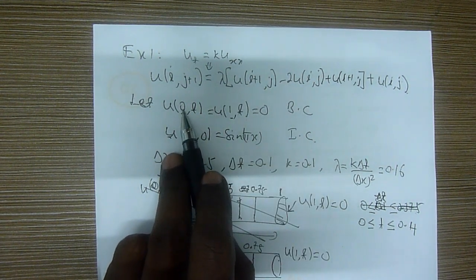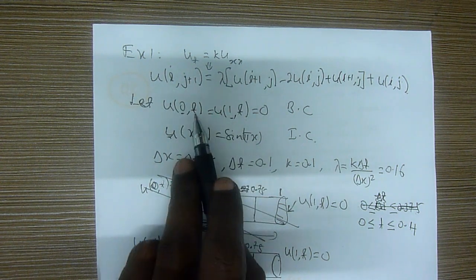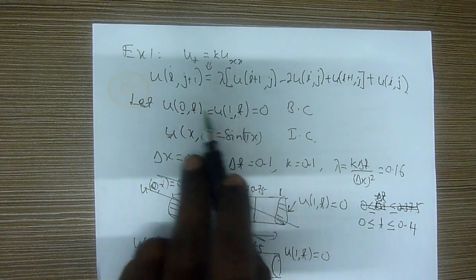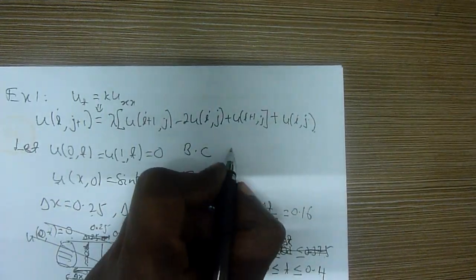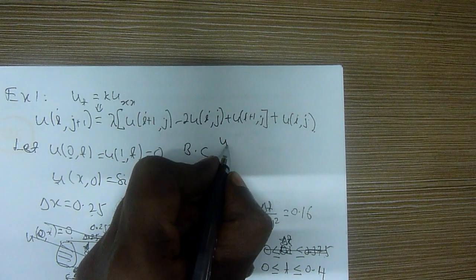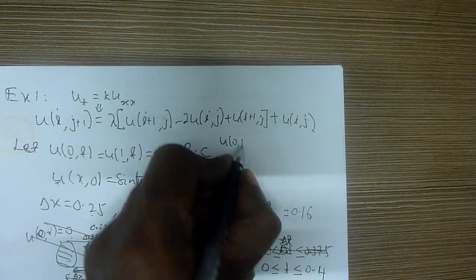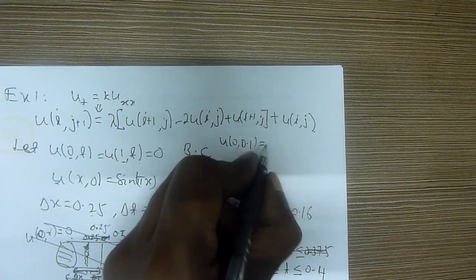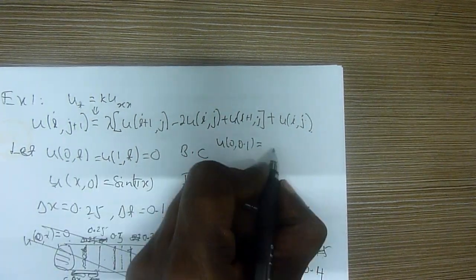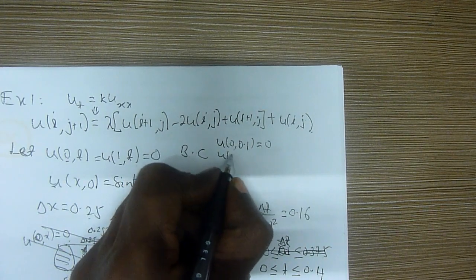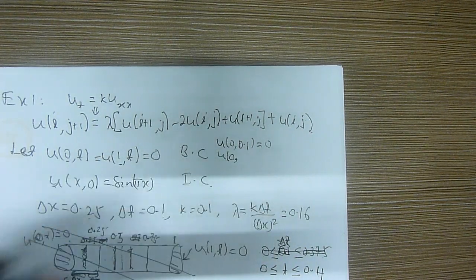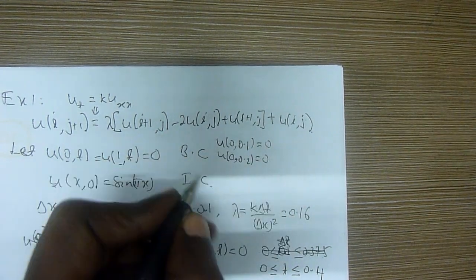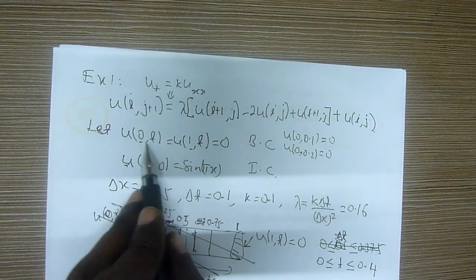For x equals 0 and x equals 1, we don't care what t is. Okay, t can be anything. It can be 0, 0.1, 0.2, we don't care, but the value will be 0. It's 0 because it's very clearly stated here.